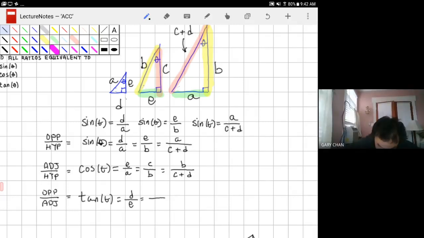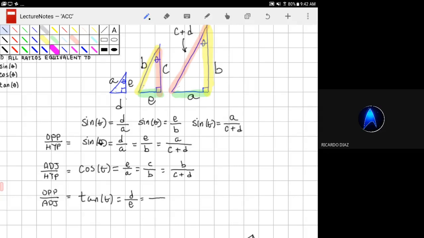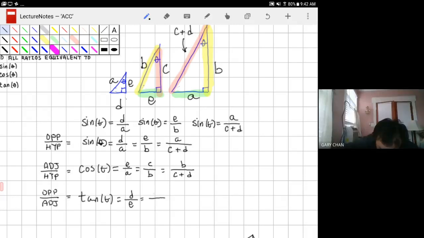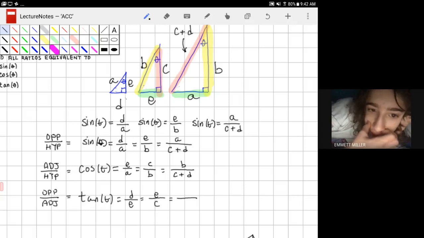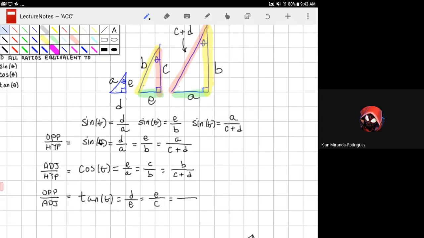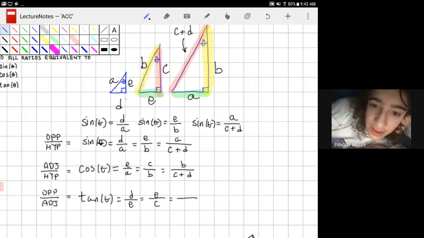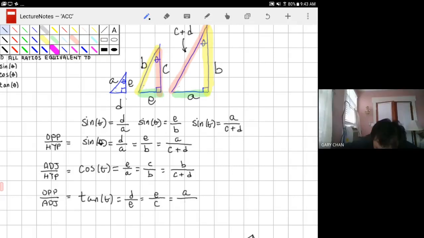So it would be E over C. Amazing. And the last one, Emmett, can you tell us what it is for the last one? A over B. That's it.